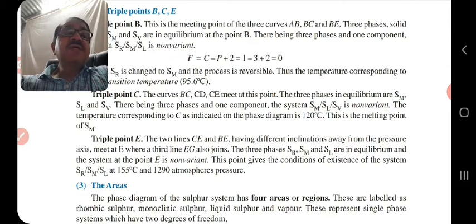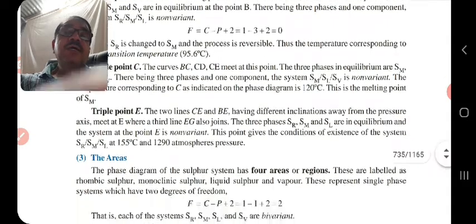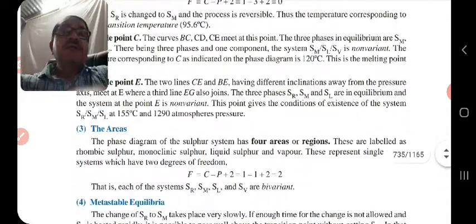The three phases SR, SM and SL are in equilibrium and the system at the point E is non-variant. This point gives the condition of existence of the system SR upon SM upon SL at 155 degree centigrade and 1290 atmosphere pressure.